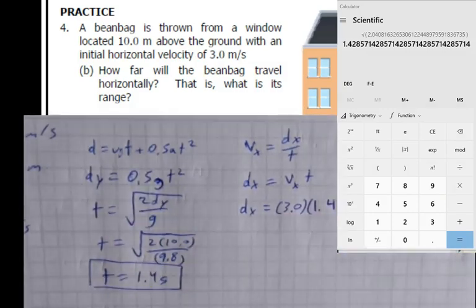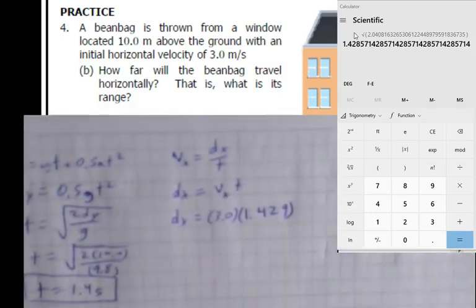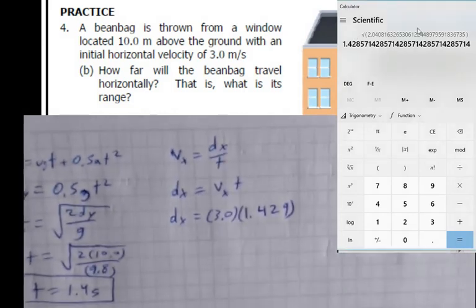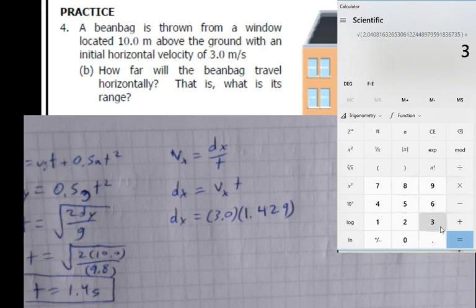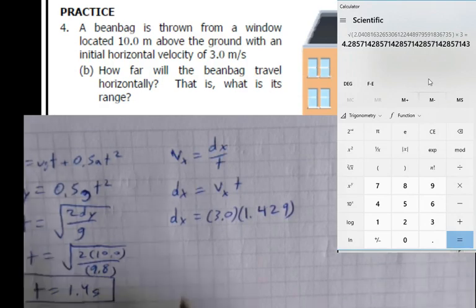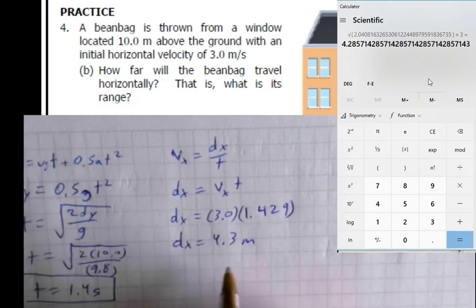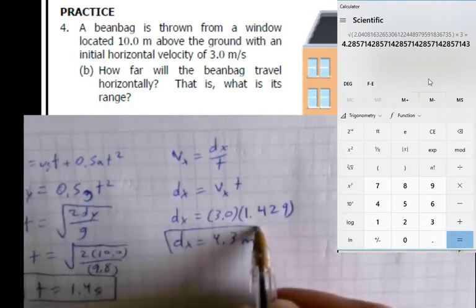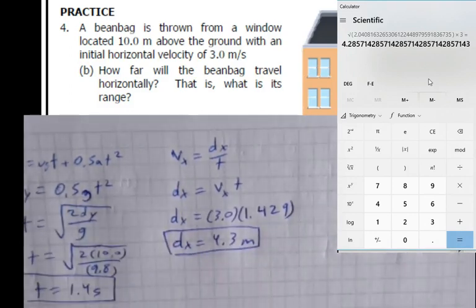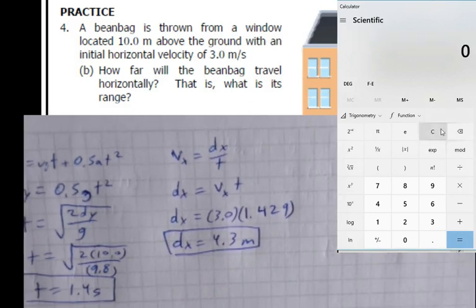But I will calculate, sorry, you don't see it there, I'm going to calculate using this exact value I have still in my calculator. Multiply that by 3.0. And I get 4.28, or dx equals 4.3 meters.